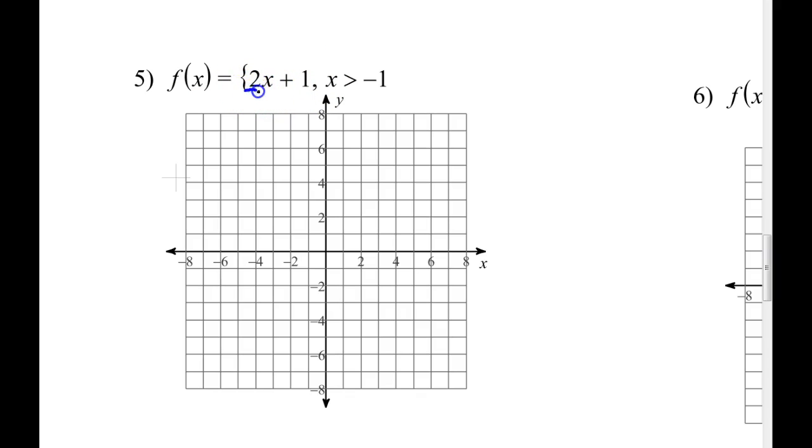So 2 is the same as 2 over 1, of course. So we're going to start at 1 on the y-axis, positive 1, and up to right 1. So up to right 1, and we can go both directions, which is down to left 1.